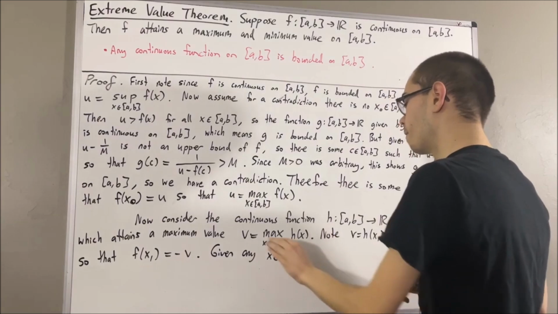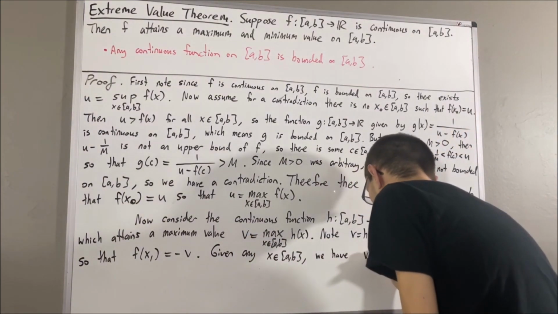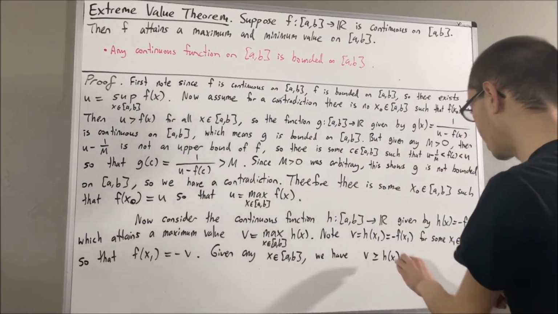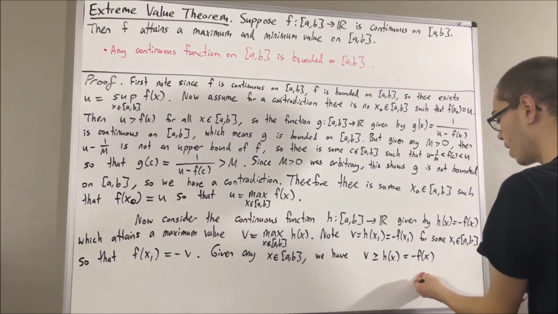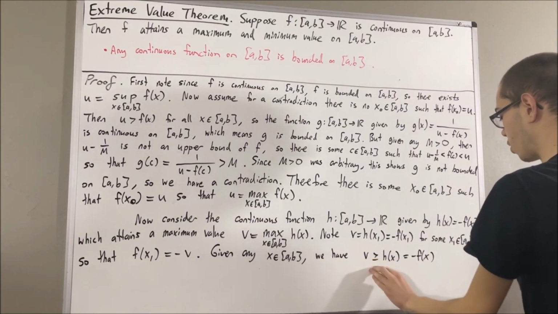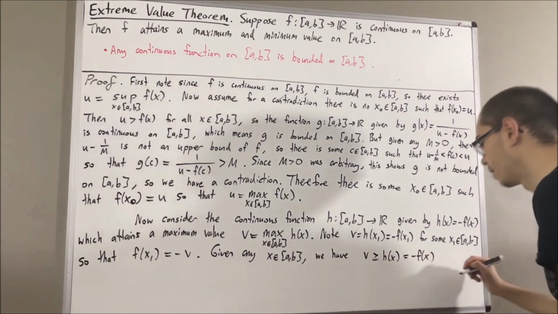So in particular, v must be greater than or equal to h of x. But h of x by definition is negative f of x. But then negating both sides, that gives us negative v is less than or equal to f of x, or in other words, f of x is greater than or equal to negative v.